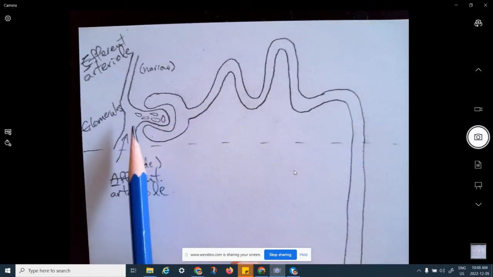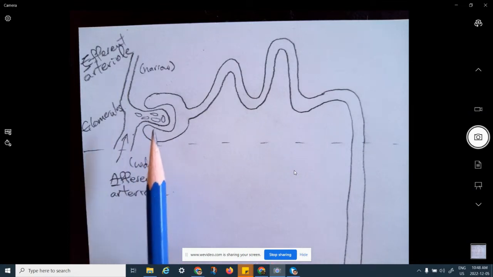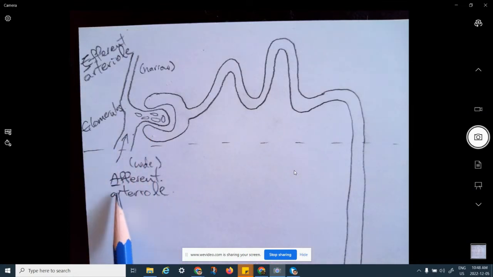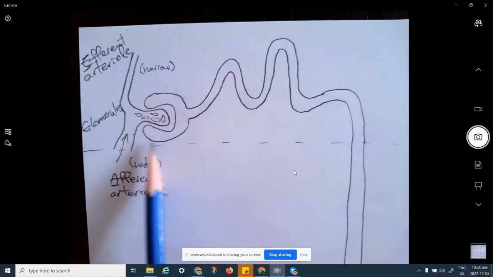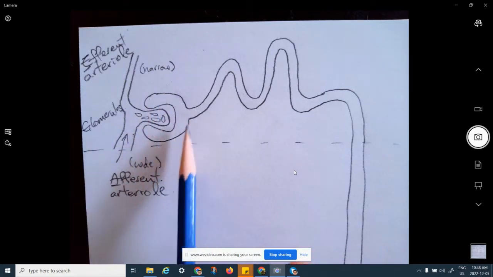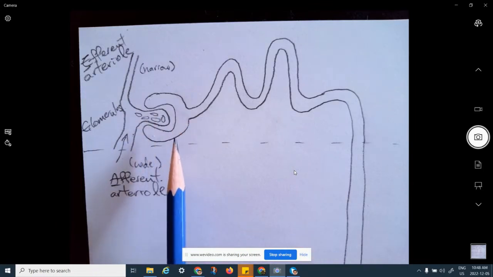So these little slits on the glomerulus are there so that when the afferent arteriole brings the blood in, the blood pressure will push the fluid out of the fenestrations and into this part here, which is called the Bowman's capsule.